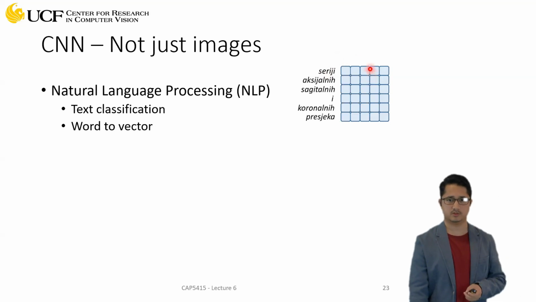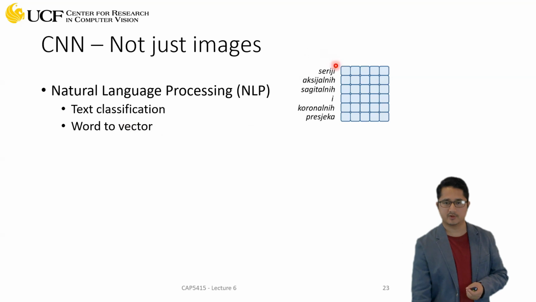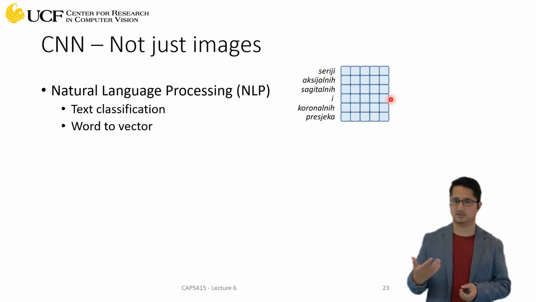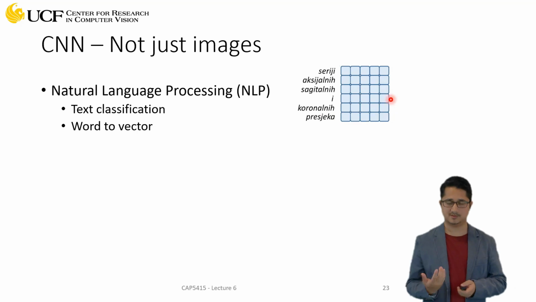We will not go into detail of that. Word2vec is one such algorithm which converts each word into a vector, let's say of 300 dimensions. Of course, you can have 100 dimensions as well. For a sentence, if you stack them together, that gives you a matrix. And if this is a matrix, you can use CNNs.